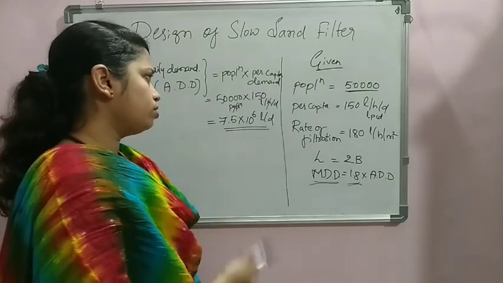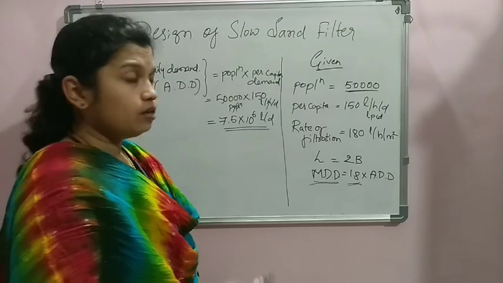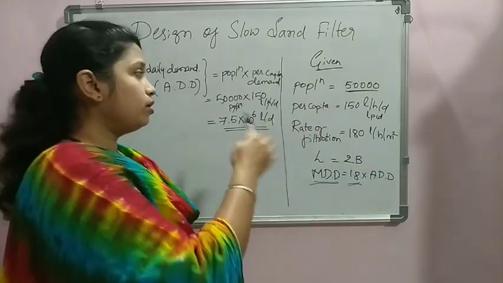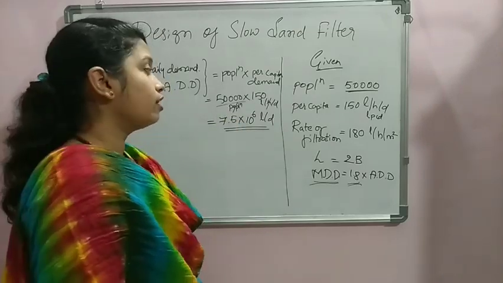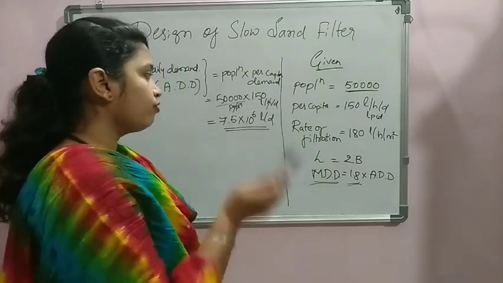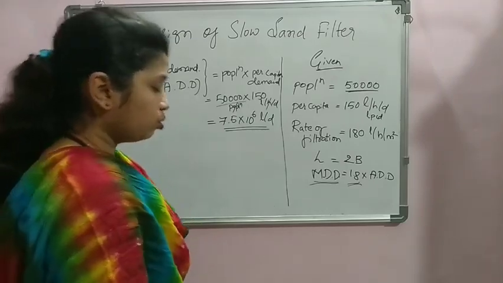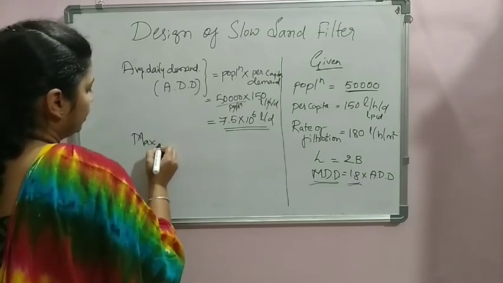So population what we are calculating is just by the numerical method. So population what we have calculated may exceed the population what is available to us. So in order to meet the excess amount of requirement, we have to always multiply the demand by the factor of safety.